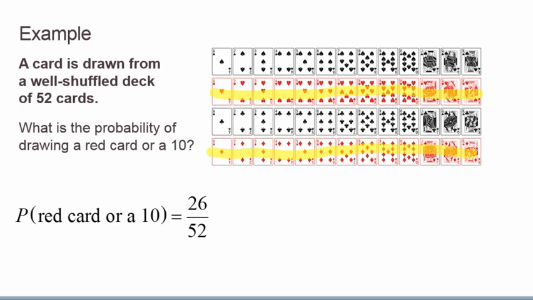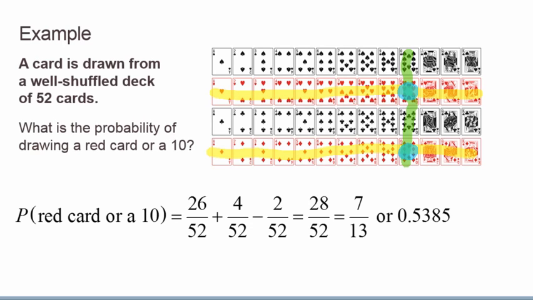Our 10s, we have a 10 of spades, a 10 of hearts, a 10 of clubs, and a 10 of diamonds, which is 4 out of 52. Before I add those two together, I also need to subtract my overlap, which is the 10 of hearts and the 10 of diamonds. Since I have 2 cards that overlap, I want to subtract 2 over 52. That gives us a total of 28 over 52. Reduced, that's 7 divided by 13, or our decimal of 0.5385.